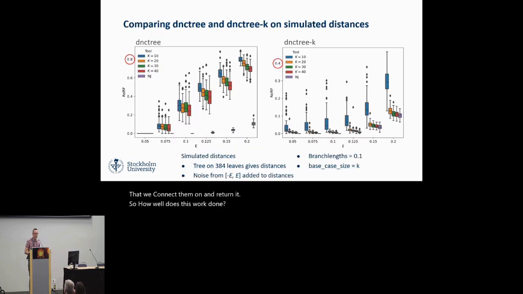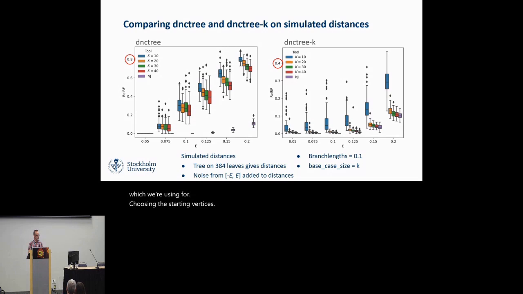Well, on the left, you have the same graph as I showed you moments ago. And on the right, with a completely different Y scale, you have this DNC3K algorithm or core tree algorithm. And you can see that as this parameter K goes up, here we use the base case size being the same as this parameter K, which we're using for choosing the starting vertices.